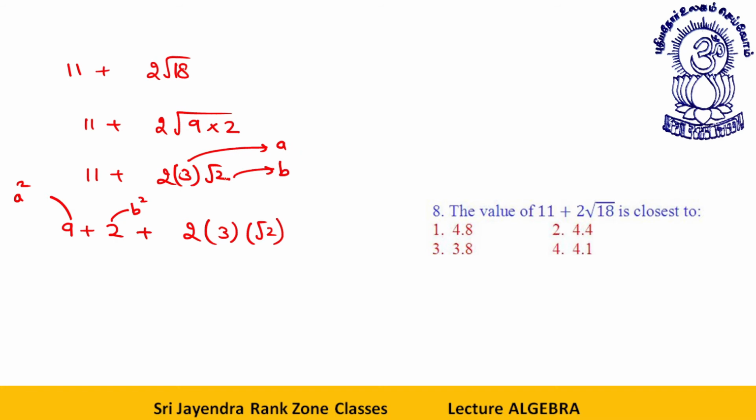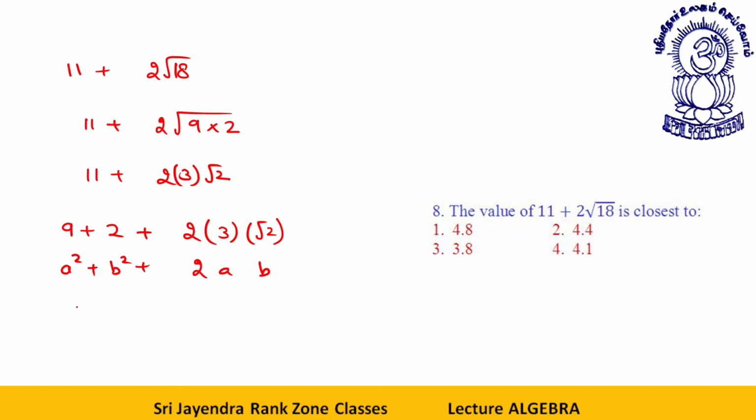If 3 is A and B is root 2, then this becomes A square plus B square plus 2AB. Therefore, this is written in the form A square plus B square plus 2AB.